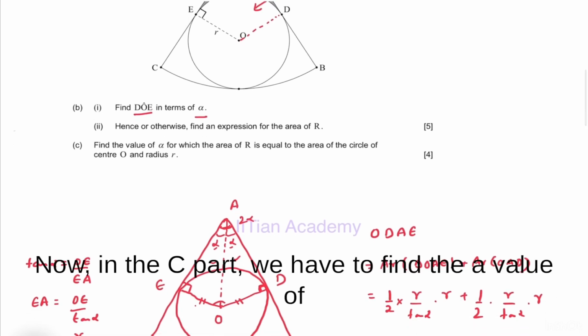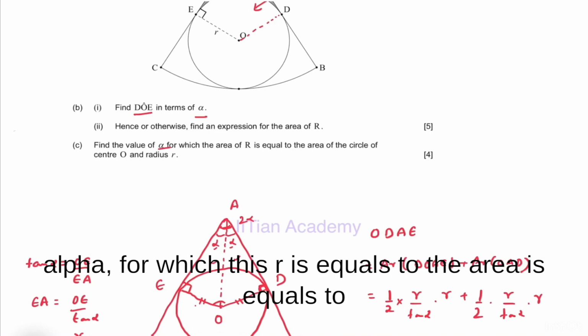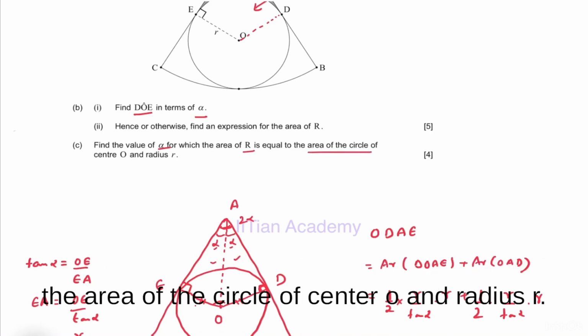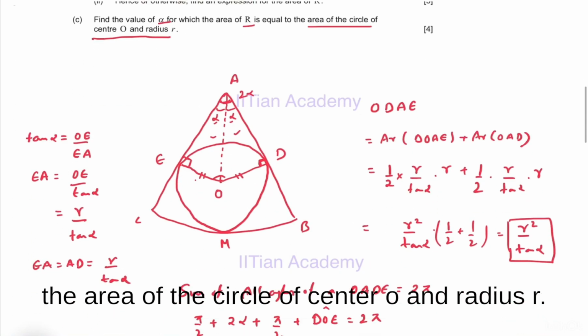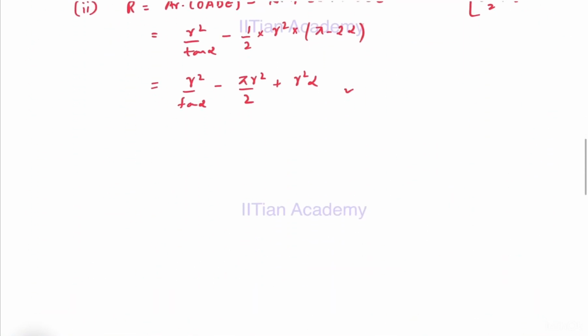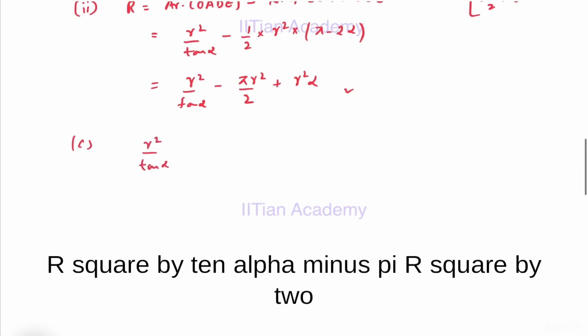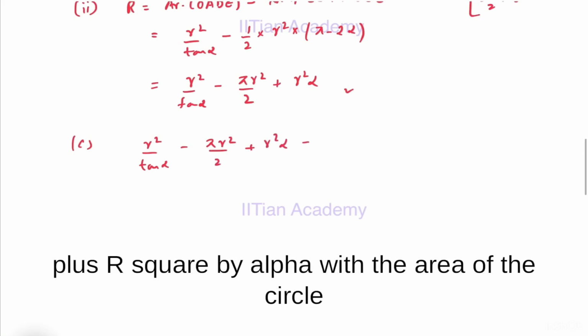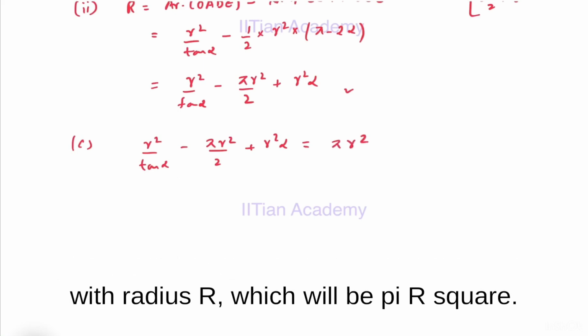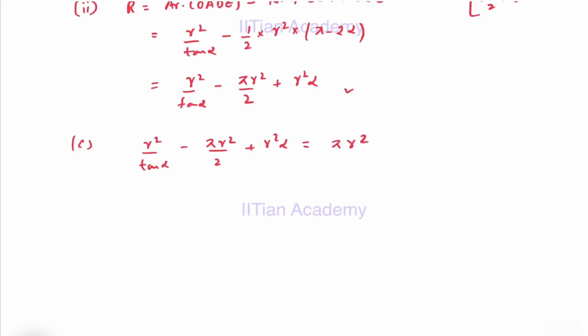Now in the C part, we have to find the value of alpha, for which this area R is equal to the area of the circle of center O and radius R. So in the C part, we have to equate this area, R square by tan alpha minus pi R square by 2 plus R square alpha, with the area of the circle with radius R, which will be pi R square.